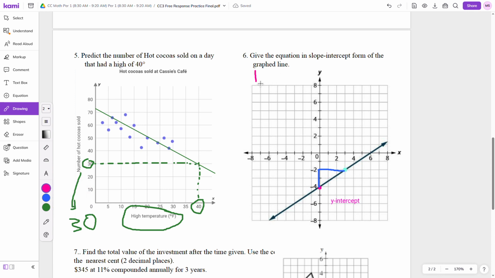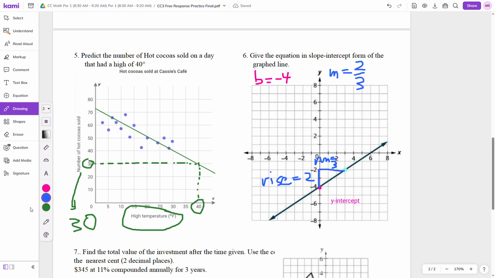Okay, so here's what I'm saying. I'm saying that b equals -4, and m is the rise and the run, right? So the rise here is 2, and the run here is 3. So that means that m, which is rise over run, is 2 over 3.